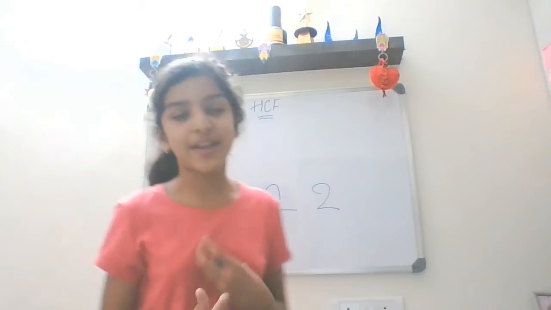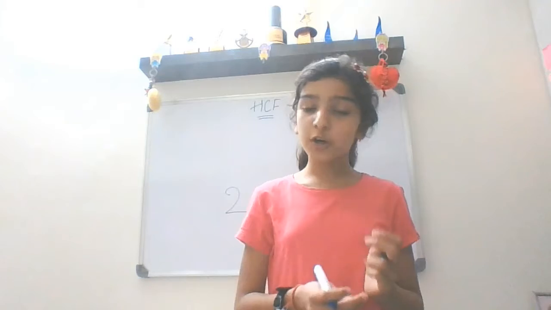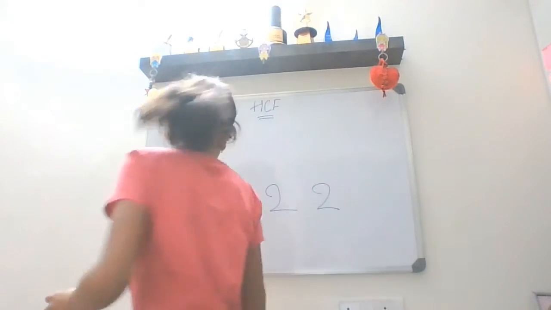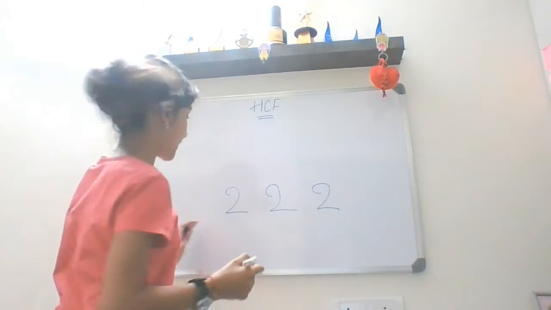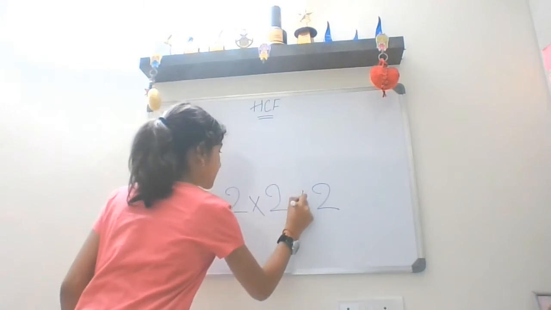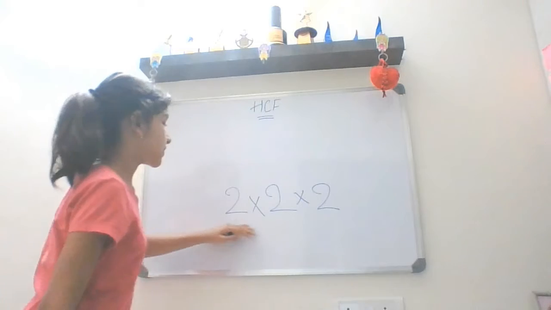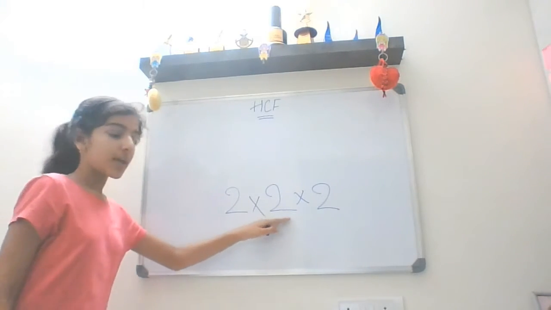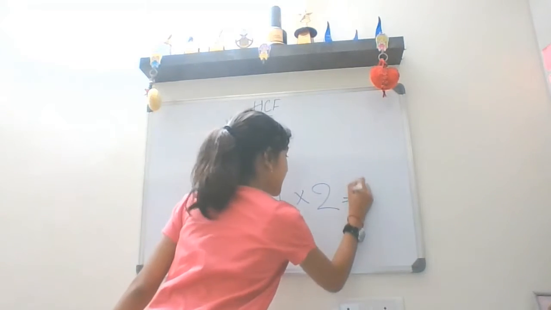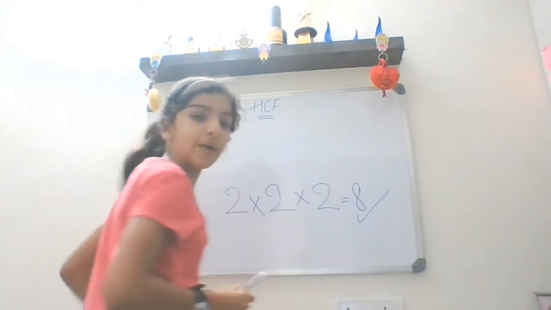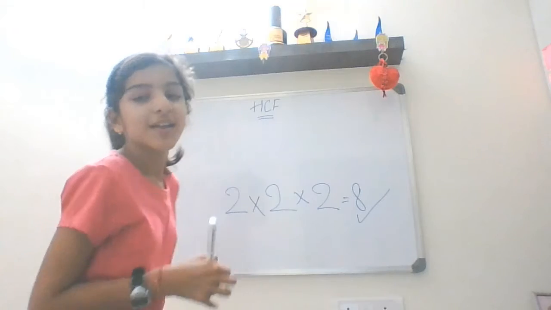To check if your prime factorisation is correct, we multiply these. So always remember 2 into 2 is 4 and 4 into 2 is 8. So this is 8 and it is correct, right?